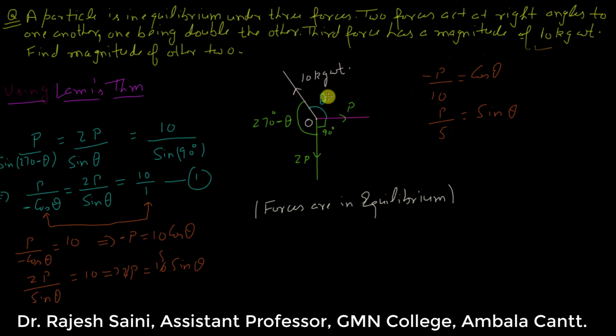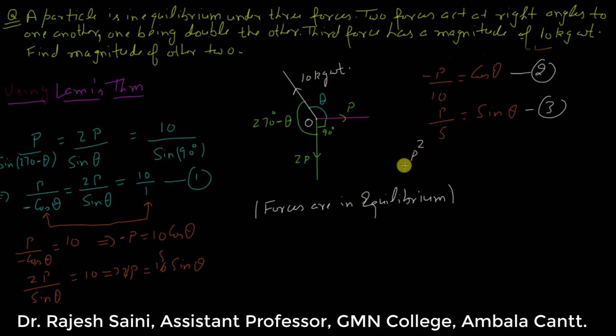Done. And these are named as equation number 2 and equation number 3. Now we have to eliminate theta. You know that cos square theta plus sin square theta is 1, so it can easily be eliminated. So now what will we do? We will square both sides and add these two equations. So what will you get?